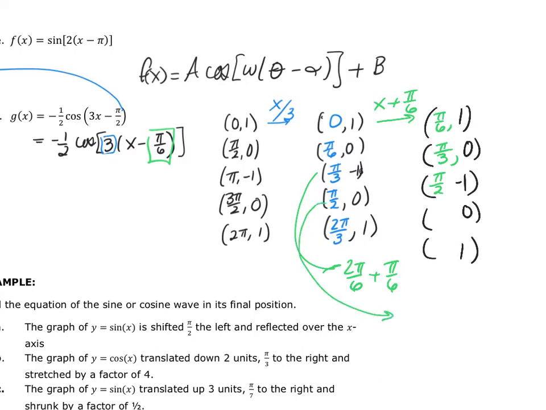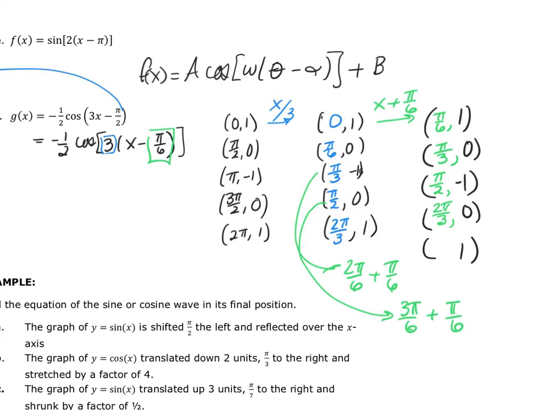I'm going to take my pi over 2; the common denominator here is 6, so I make this 3 pi over 6, and I add to it pi over 6, which is 4 pi over 6, which reduces to 2 pi over 3. Watch my math, because I have problems with fractions too.